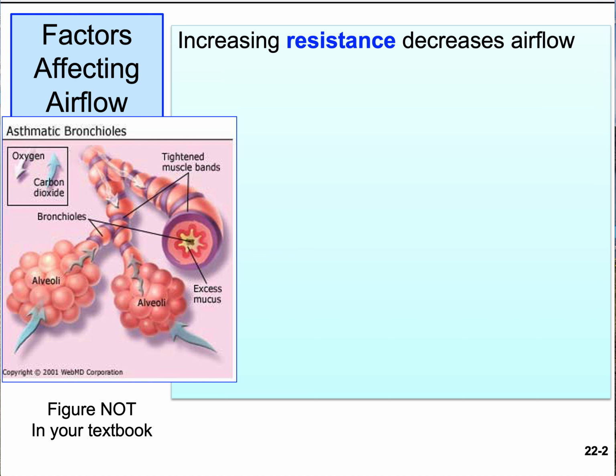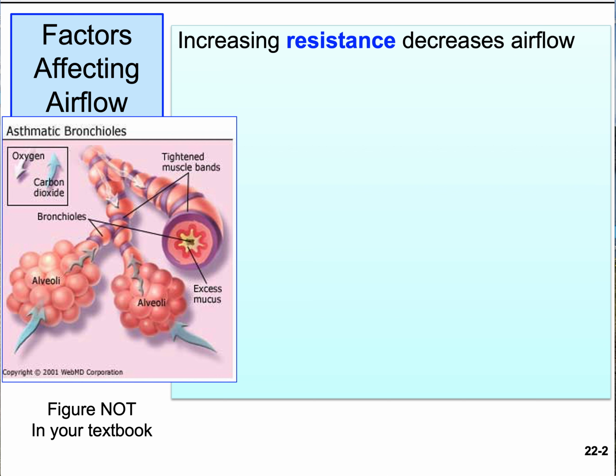So, one factor affecting airflow, which is the title over here in the upper left, is there can be increased resistance to airflow, to breathing in. And the increased resistance, which has the effect of decreasing airflow, is this narrowing, okay? So instead of breathing through a wide open pipe, you're breathing through a narrow pipe.